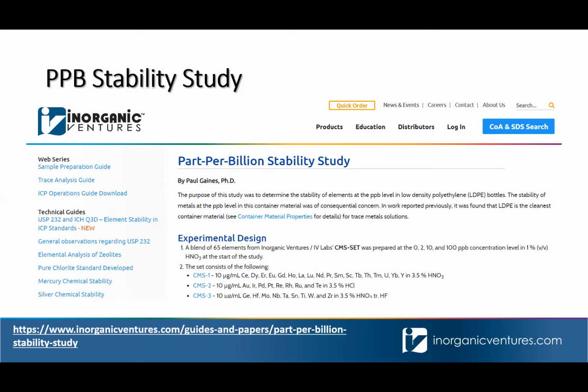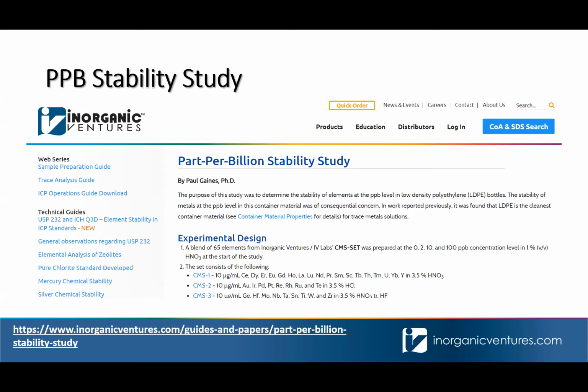As you can imagine, given the information that I've already spoken about, some elements are more stable than others in this configuration. You see that we have the rare earth elements in the CMS1 set, and we also have HF coming from that CMS3 set. That's an example of elements that would have problems in this solution.